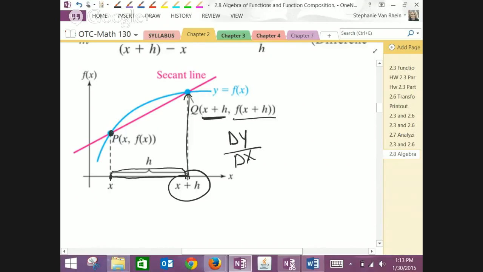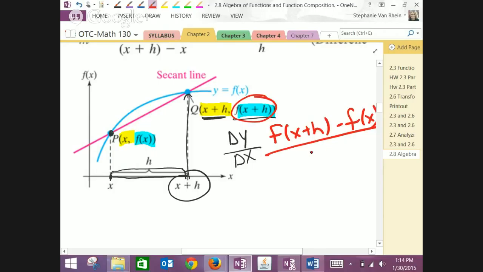Change in y over change in x. So this is my x point, and this is my x point, and this is my y point, and this is my y point. So if I do the change in the y points divided by the change in the x points, I would take f of x plus h minus f of x divided by x plus h minus x.